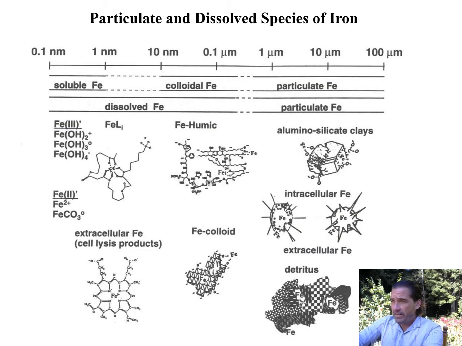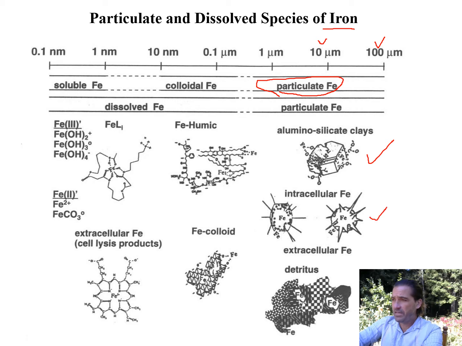So when we look at, say, iron as an example, we could see that iron in the particulate form, at larger size fractions, we could see them associated with clays.